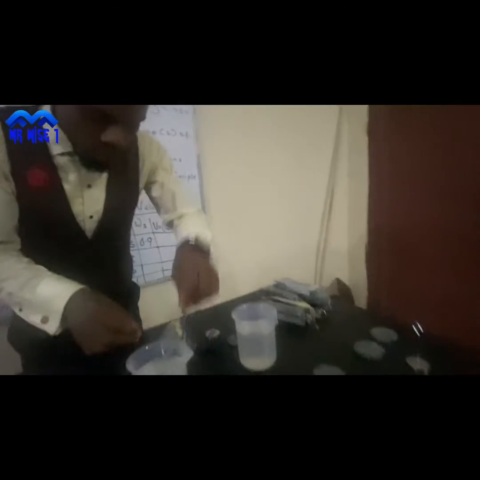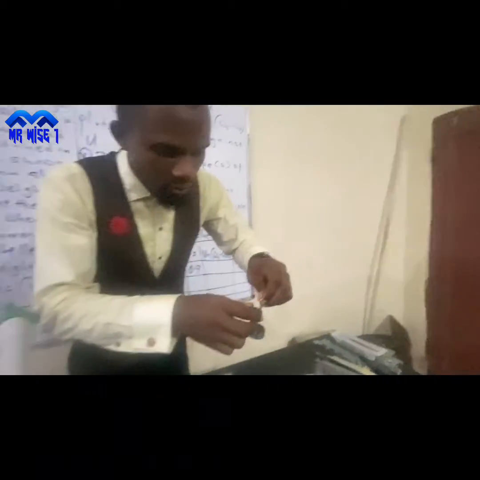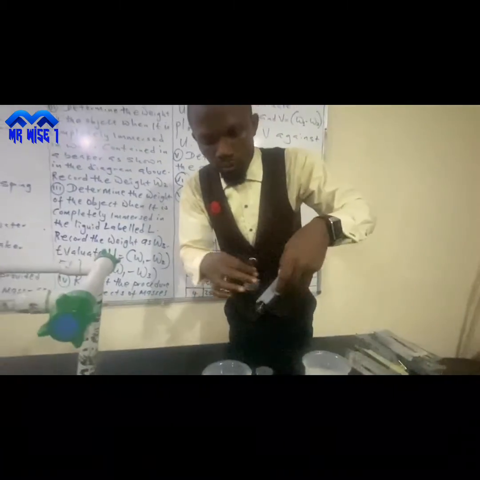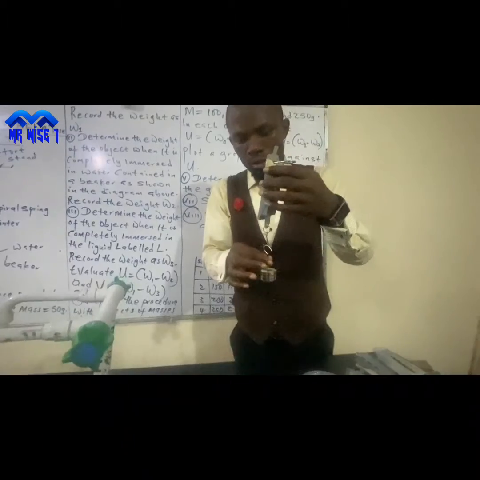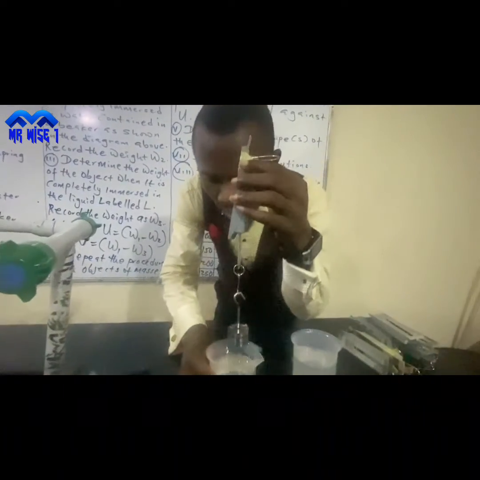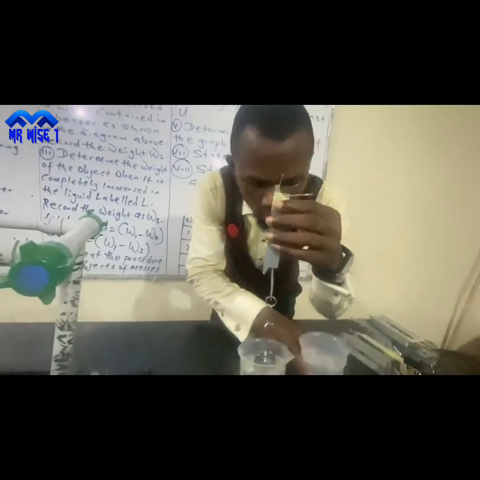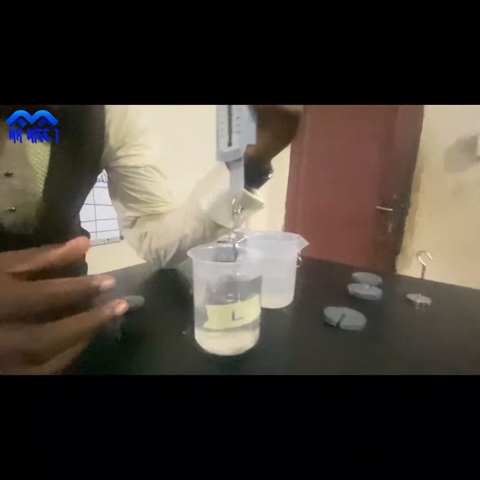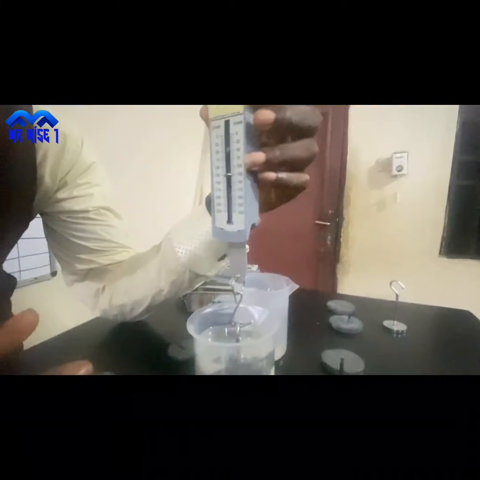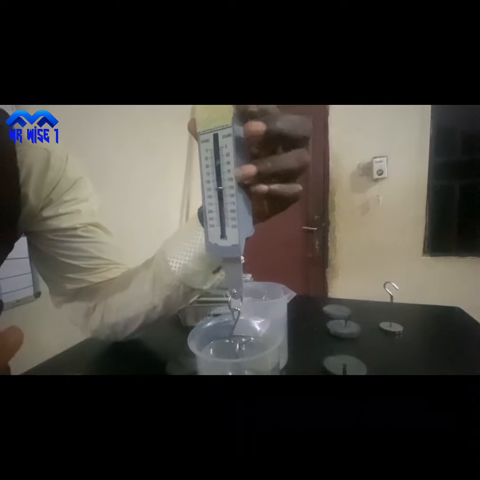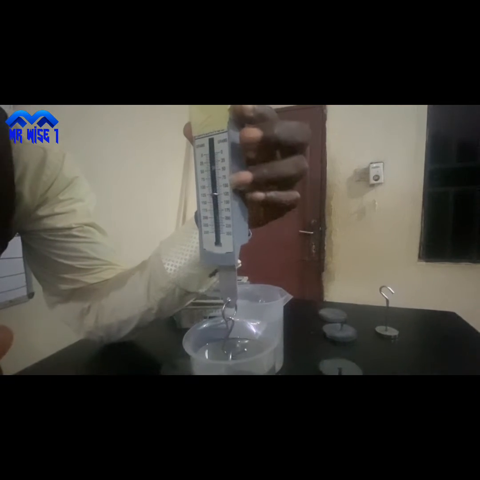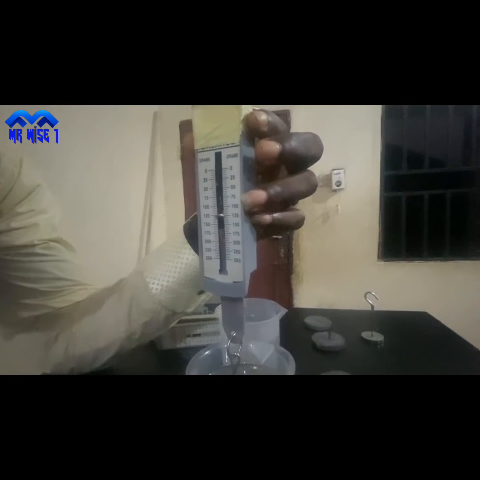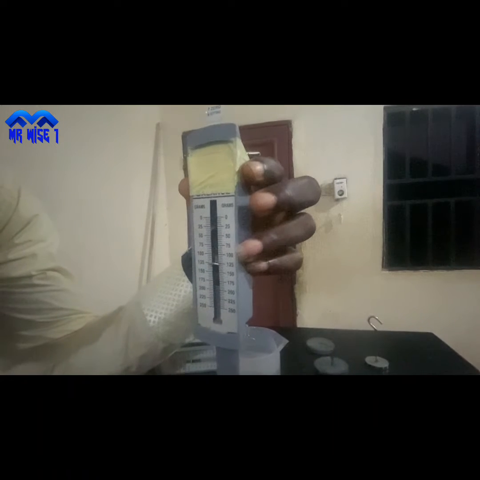Okay, the same thing. I'll still add another 50 gram mass, and I'll still have to immerse it into the liquid. Okay, let's go. This is 150. What do I have? 125, 130.